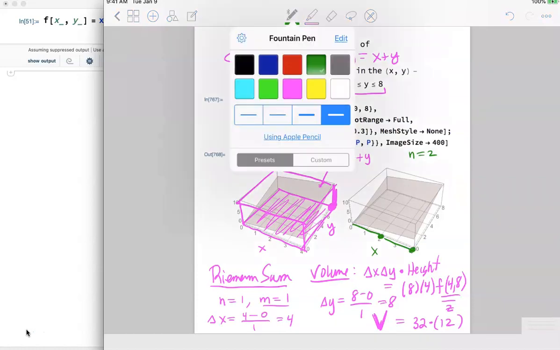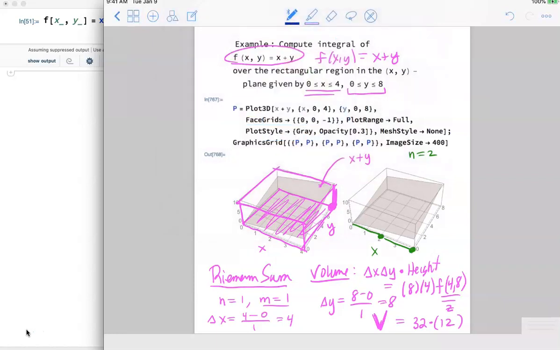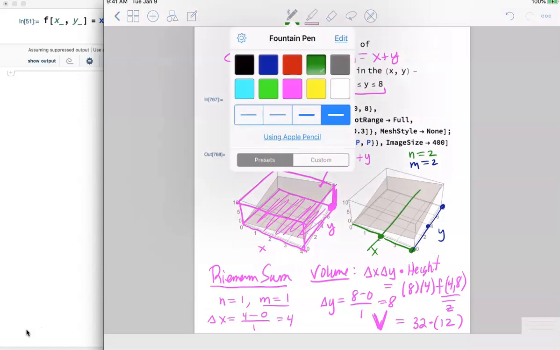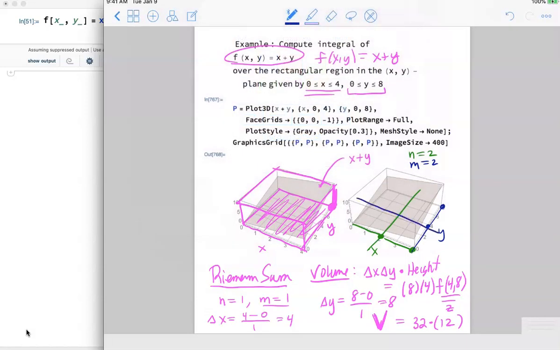And then let's say that you also use m equal to 2, which is to split the y-axis up into two rectangles, so from 0 to 4 and from 4 to 8. And now what you can see down here is that we've got a rectangle this way. So now I hope that you're seeing 4 rectangles forming right here, right here, right here, and right here.